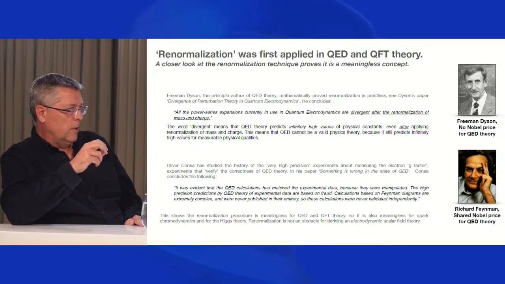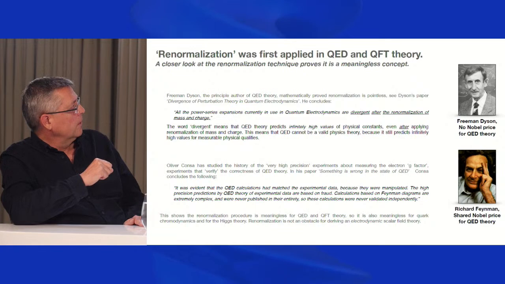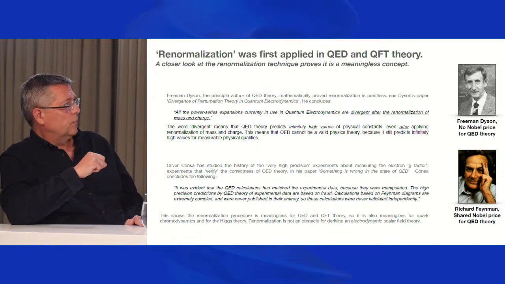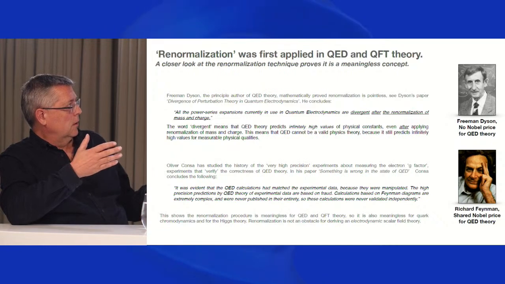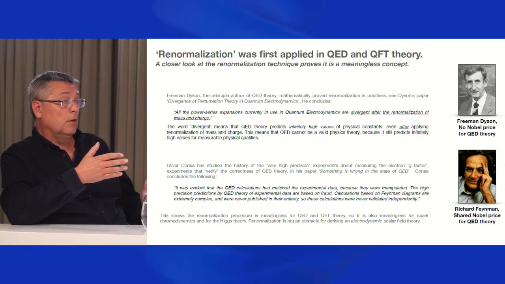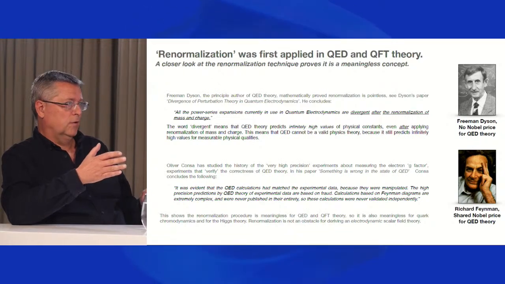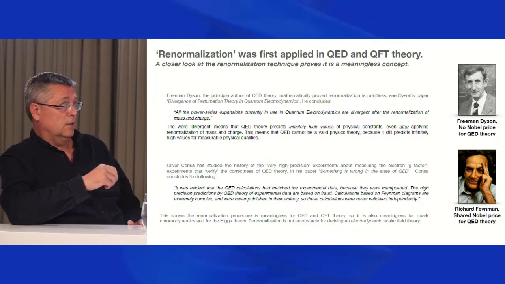So he proved that mathematically. A quote from his paper: all the power series expansions currently in use in quantum electrodynamics are divergent after renormalization of mass and charge. That means that this QED theory and renormalization only predicts infinite values and not finite values that you can measure. But that is actually what this says. So it is a meaningless theory, actually.